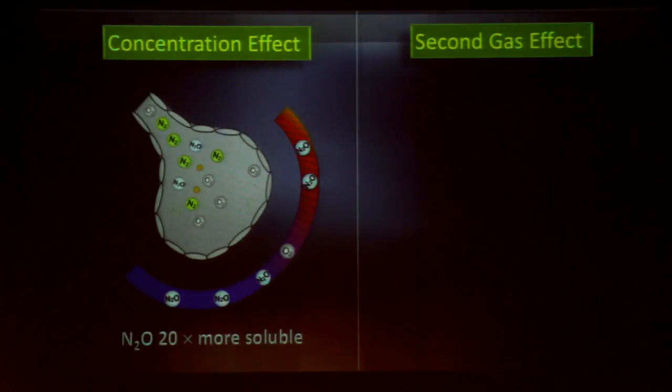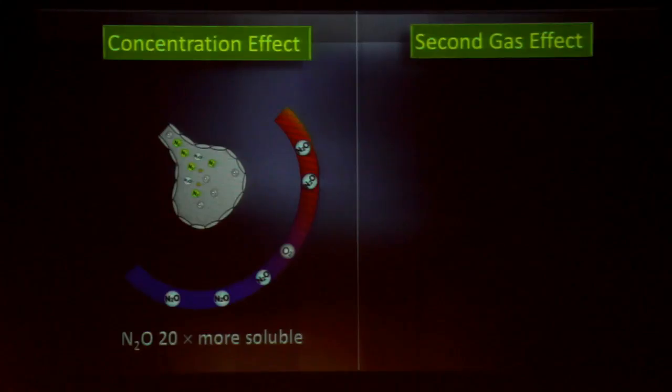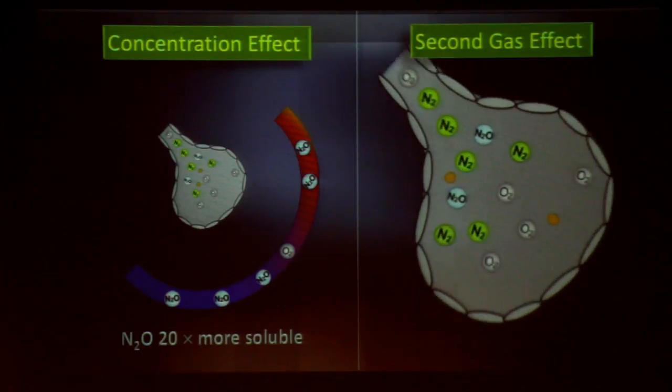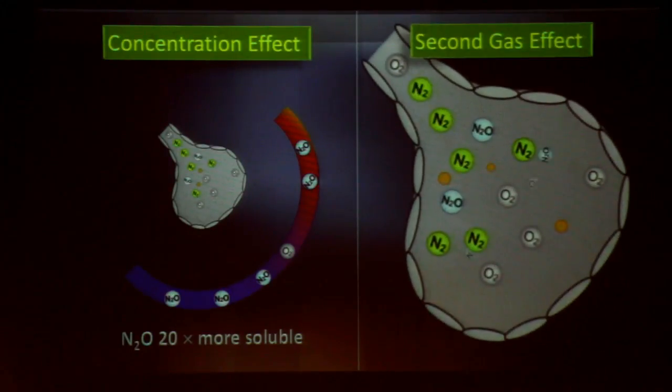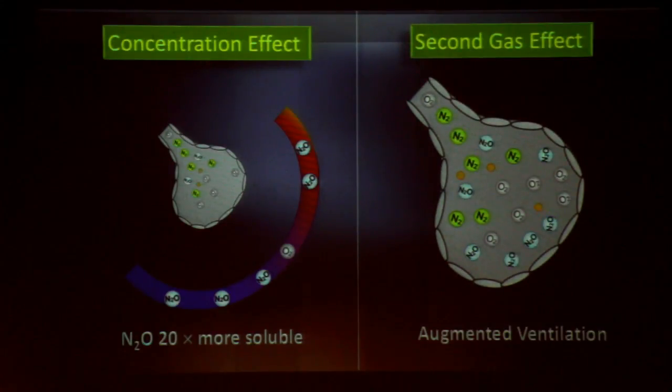The alveolus shrinks in size, and that is what would be called a concentration gradient. The amount of gas remaining in the alveolus has suddenly come down because nitrous oxide has diffused into the blood. So the alveoli will now regain their volume by augmented ventilation. It starts augmenting the ventilation, drawing in more nitrous oxide and fresh gas flow to compensate for the loss of volume. That is what is called the second gas effect.